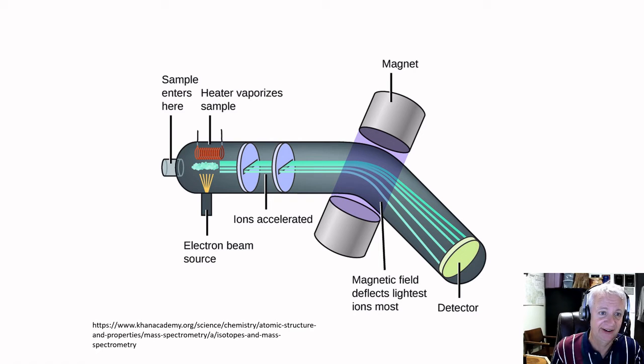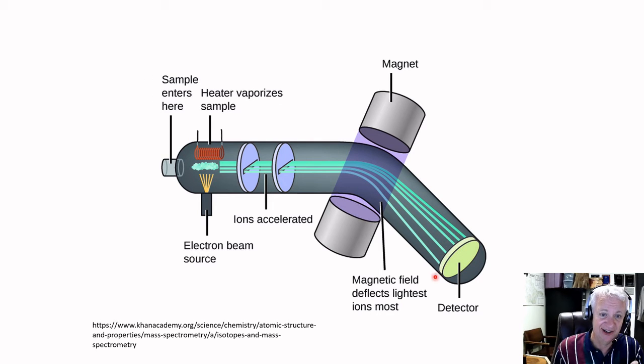So this is a diagram that shows how that mass spec works. The gaseous sample is vaporized in the elemental analyzer, and then those ions are accelerated and go through a really powerful magnet. That magnetic field deflects the lighter atoms more than the heavier atoms.